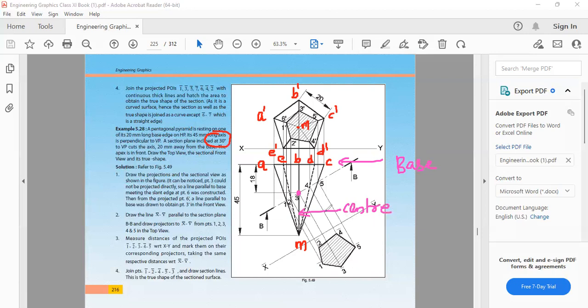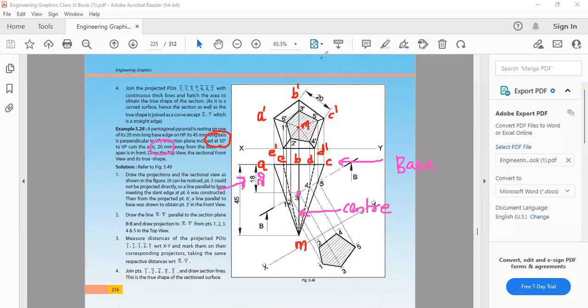The distance is 20 millimeters, but in the textbook they have marked 18 millimeters. That is wrong. In the question it is given that the distance is 20 millimeters away from the base. So mark a distance of 20 millimeters from the base.